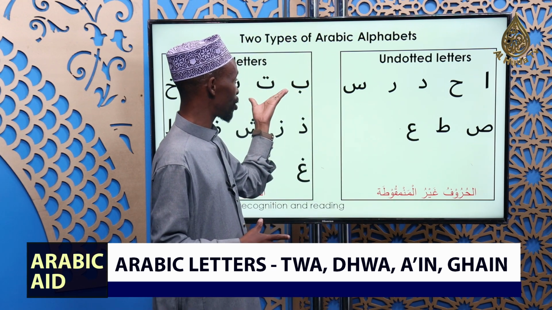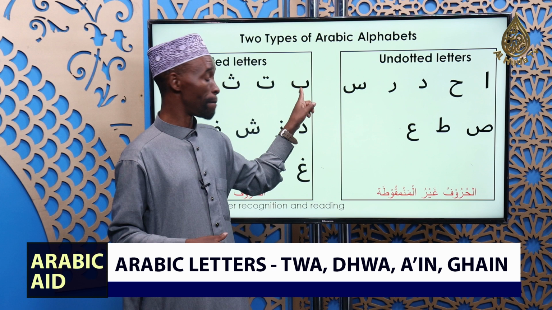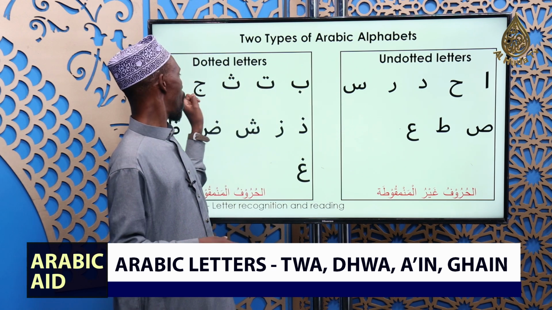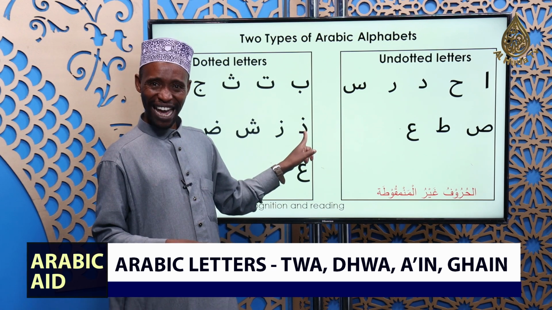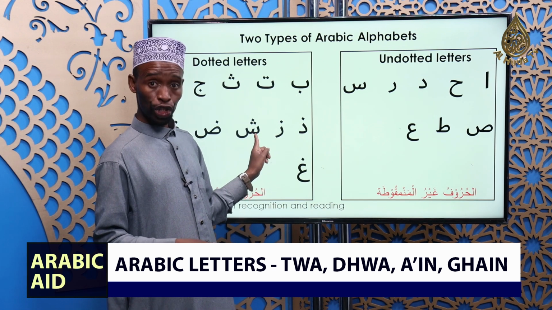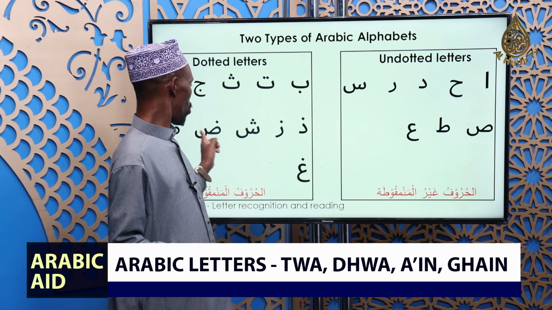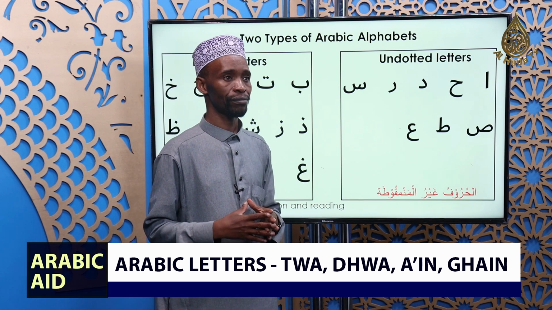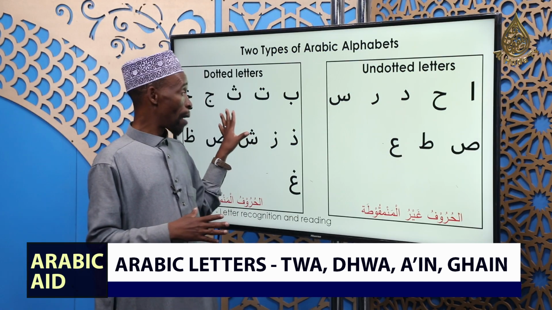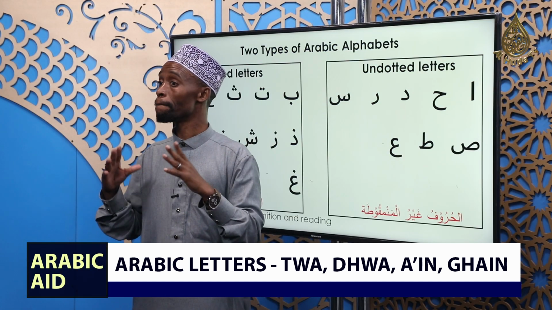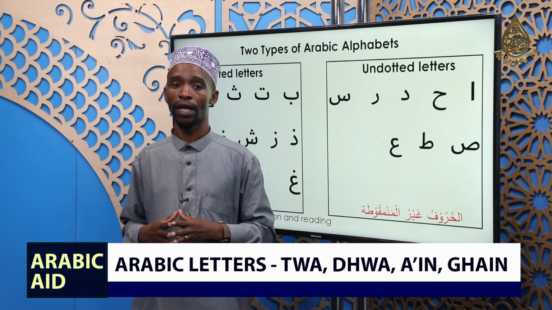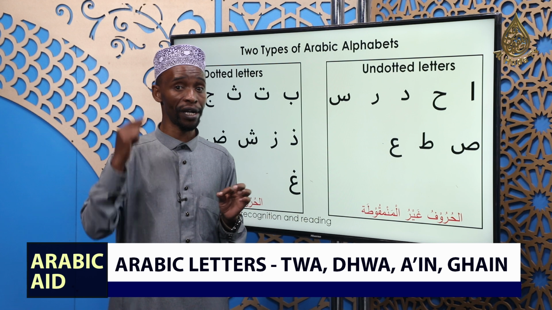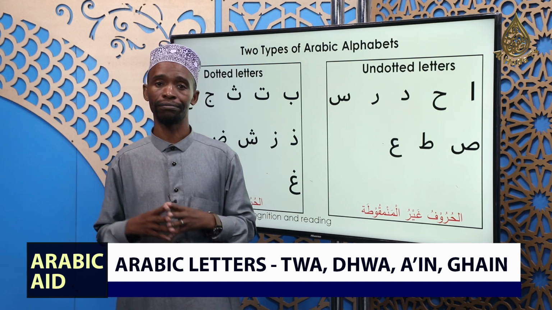On the dotted side, we have letters Ba, Ta, Tha, Jim, Ha, Dhal, Za, Shin, Wad, Dhad, and finally Ghain. These make up huruful manquta. These are important letters to know, and I hope you are memorizing them all already.